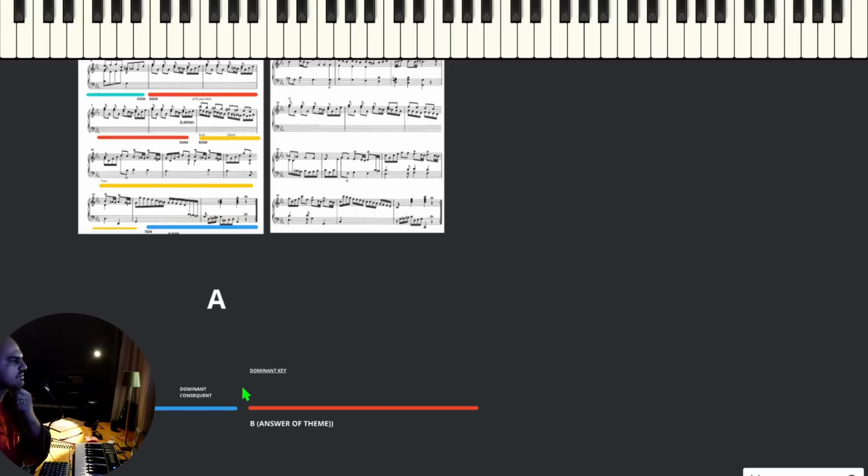So this is what will help you in analysis and in composition. Here, the phrasing, it's not like a question and answer. Let's see. It's very crazy. It is a very long phrase.